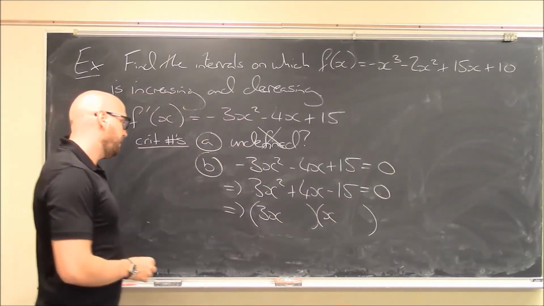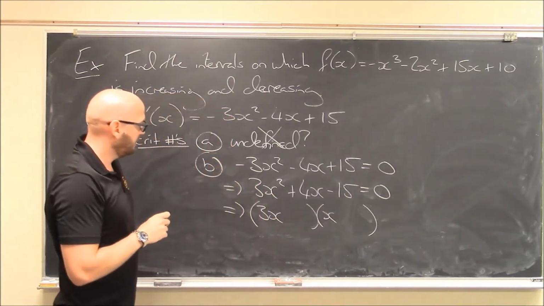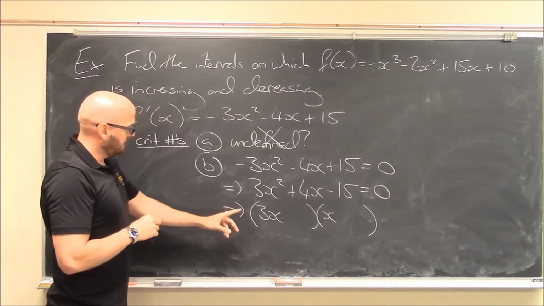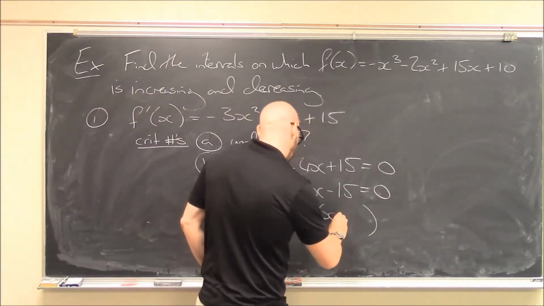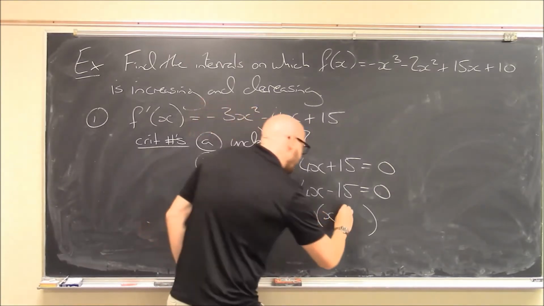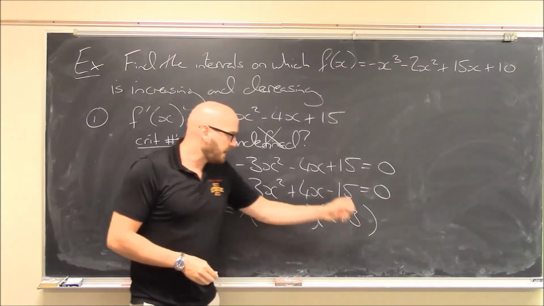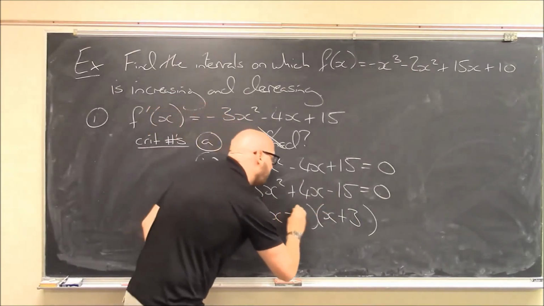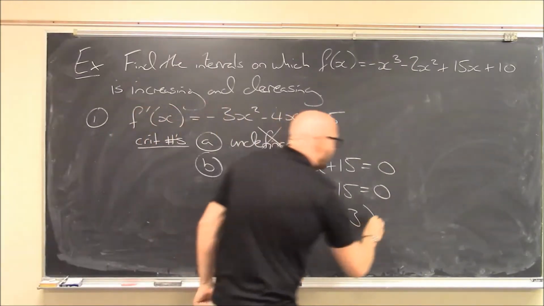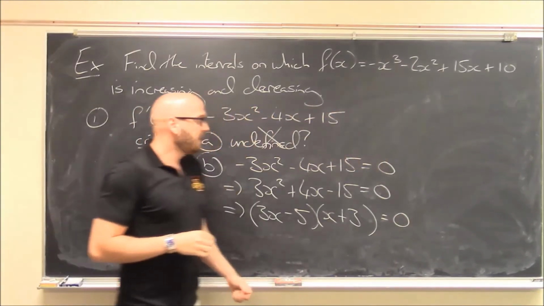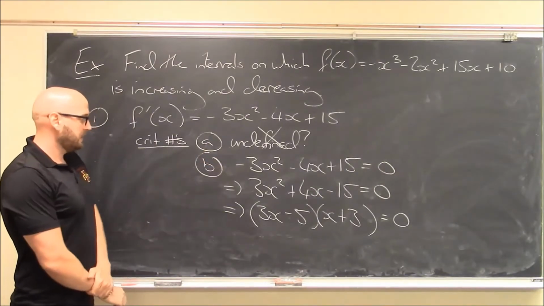So to get minus 15, let's try 3 and 5. Sounds likely. And I think if I do positive 3 here, when I distribute, that'll give me 3x times 3 is 9x's, and then I subtract 5 minus 5x will give me 4x. So this does indeed factor. But if you couldn't see that, if you couldn't factor it, use the quadratic formula, right? You'll still get to the same place.